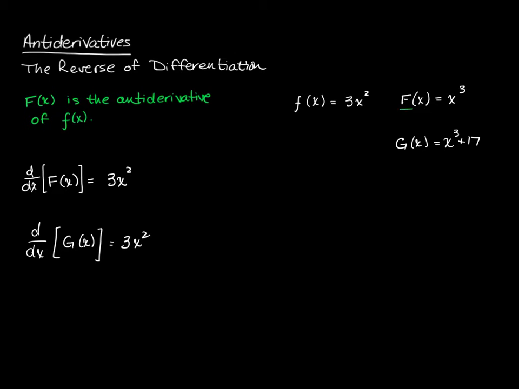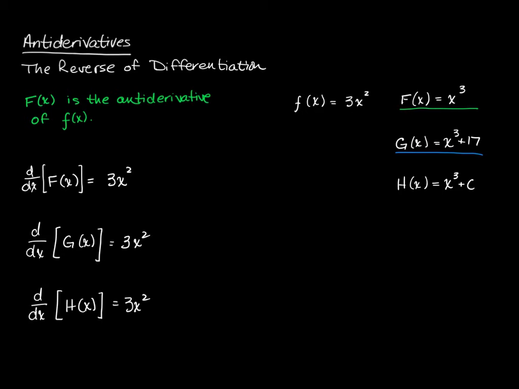It might be f of x equals x cubed, or it might be g of x equals x cubed plus 17. What's more, it could be actually any function x cubed plus some constant. So when I take the derivative, for example, of h of x, I'm still going to get 3x squared.